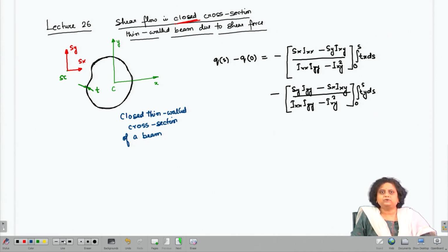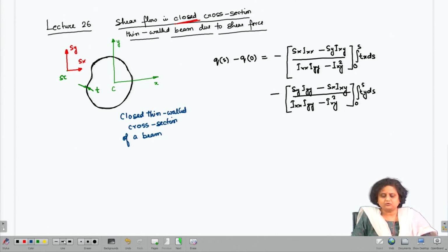Let us assume that the cross section has a thickness T which is small compared to the other dimension of the cross section. C is the centroid and x and y are the centroidal axis in the plane of the cross section. Now, Sx and Sy are the shear forces applied in x and y direction.